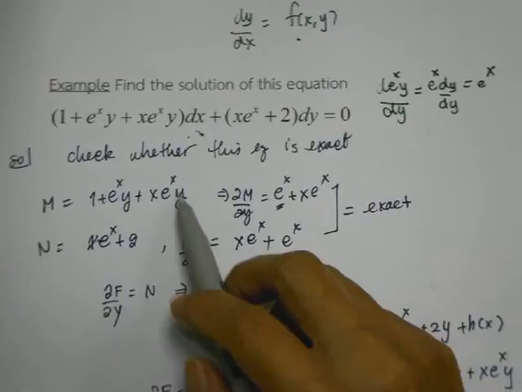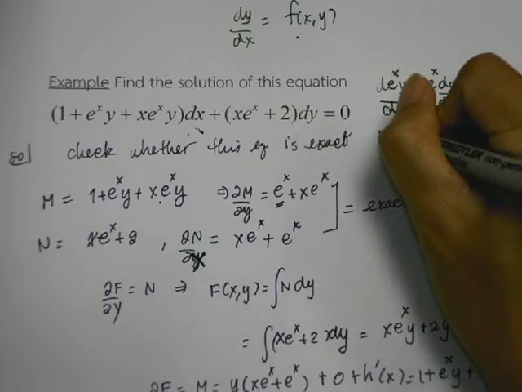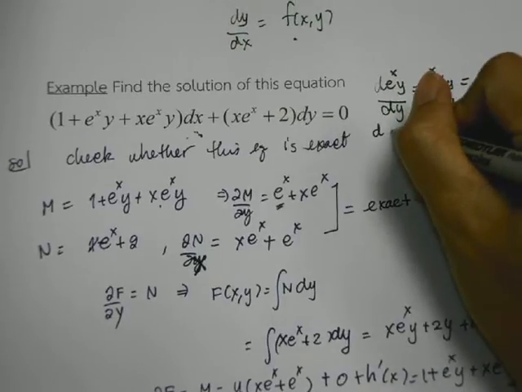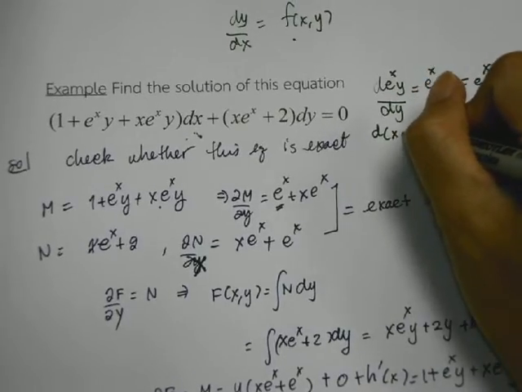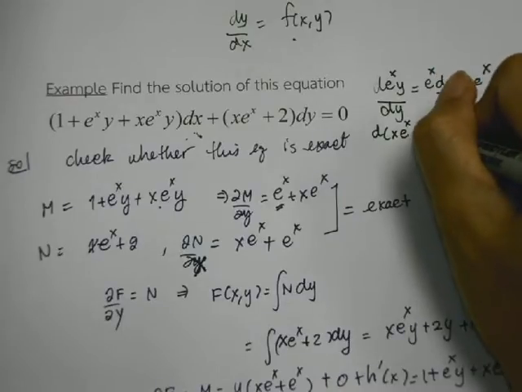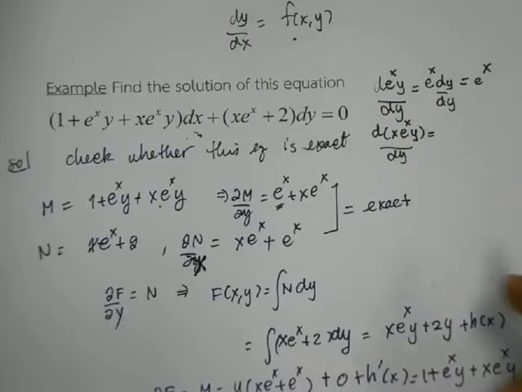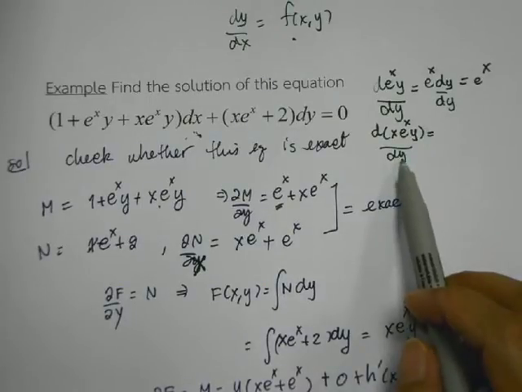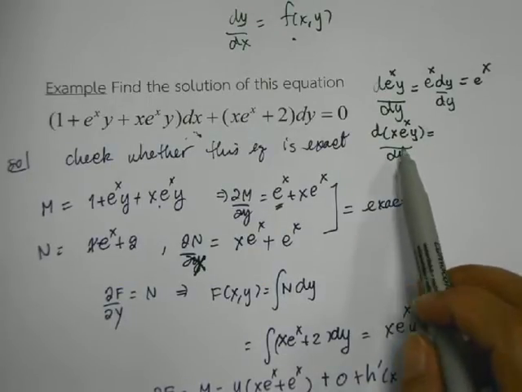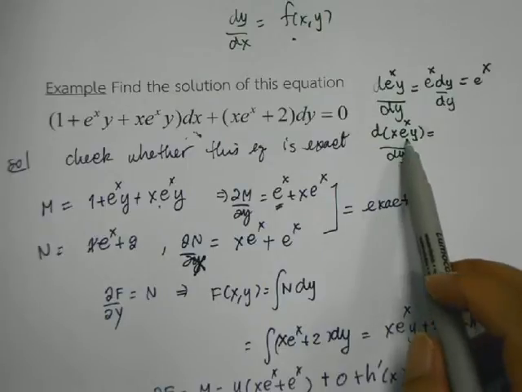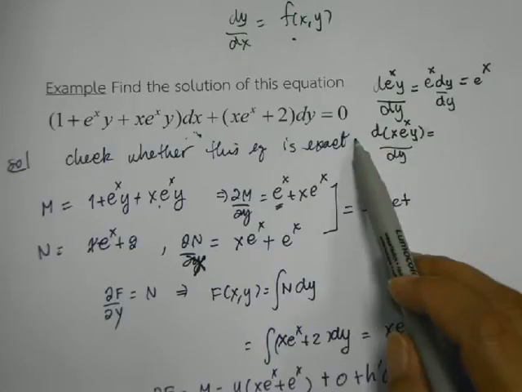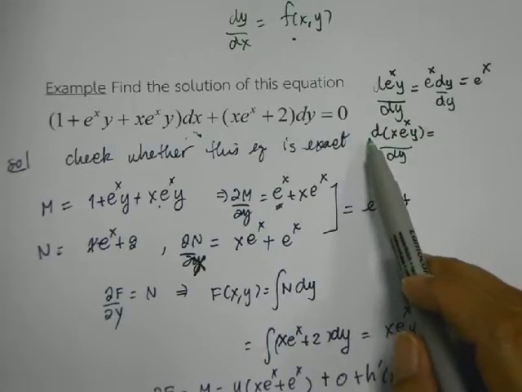And again, the second term, you have the derivative of x times e^x times y with respect to y. Again, because you do the derivative with respect to y, you look at x as a constant. So the term x times e^x, you can take it out from the derivative sign.